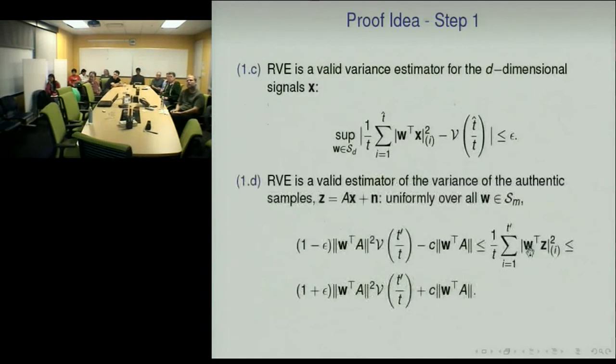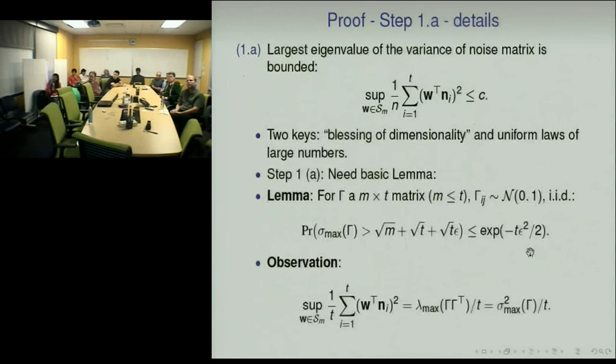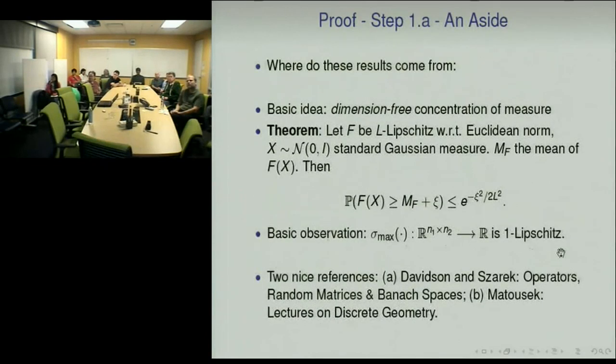I just want to show you one thing which is very useful here, and that's the theorem here, and this is really the essence of the first step of the proof, and that's something which I think is worthwhile knowing. So if you have a general Lipschitz function with respect to the Euclidean norm, then you have a very general, very strong concentration inequality. So for every function, the probability that it's going to deviate much from its mean is upper bounded by this term, and this is dimension free.